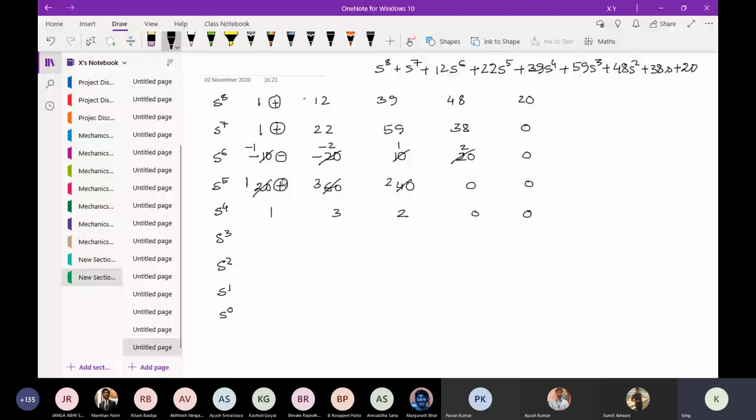So if that happens, then your first row is going to be positive. So the only possibility of a single sign change will be when your last row shows a sign change. So in that case, you will have only one sign change. Otherwise, you normally don't have a single sign change. It will always be at least two.